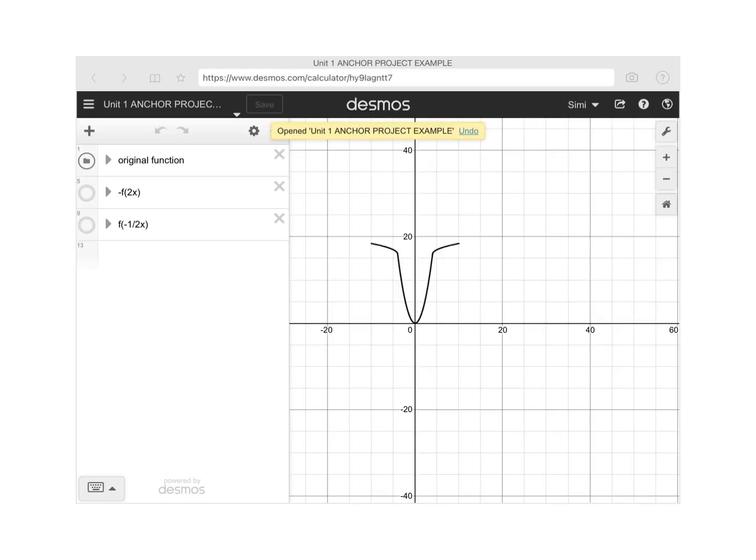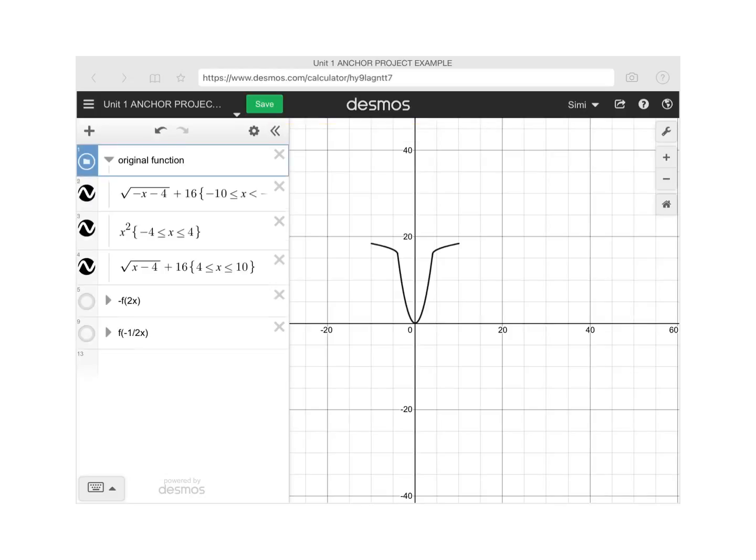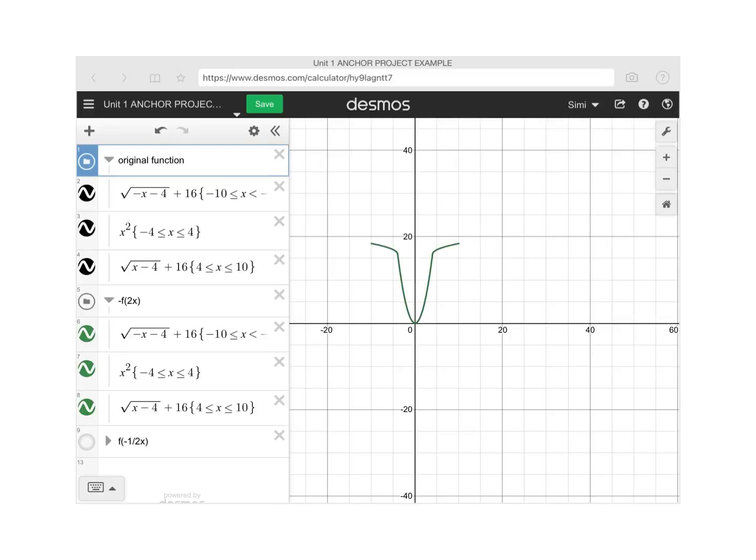Okay, so this is my original function in black, and I'm going to apply the first 2 transformations that would be in my project. The most important thing to remember is that if you have a transformation that's affecting the graph vertically, it is affecting the y values and it applies to the whole function, right? So I have my original function and I need to apply my transformation to the whole function.